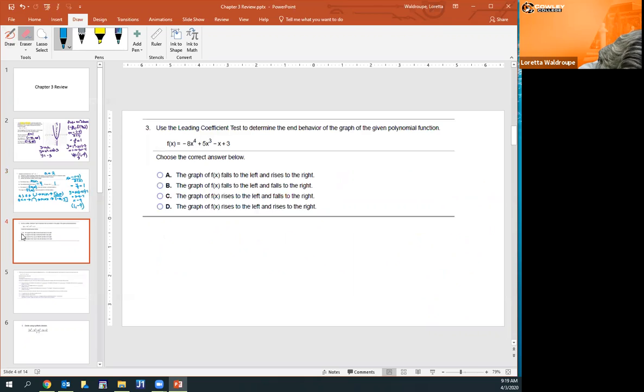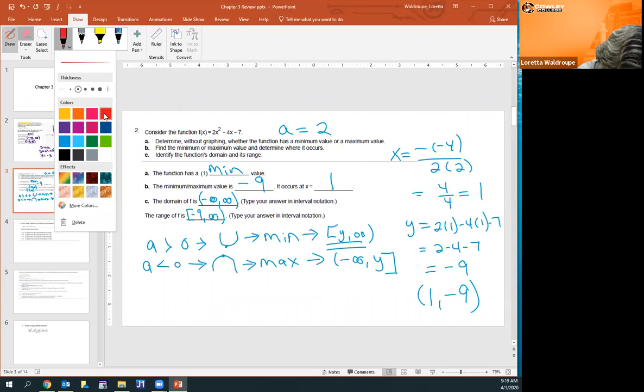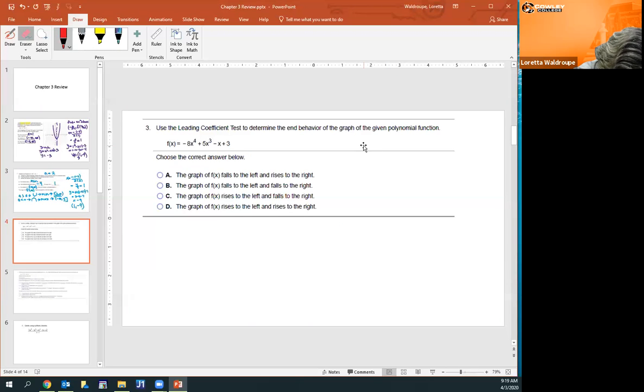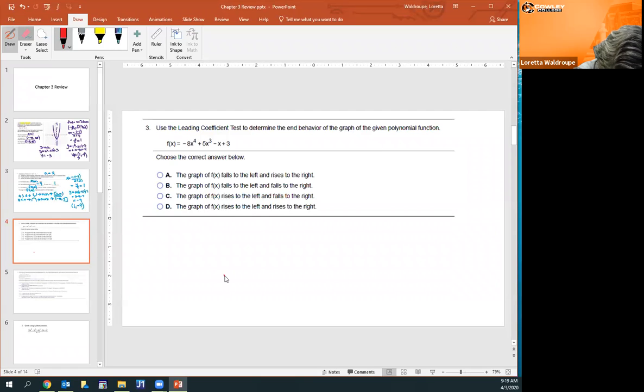Okay, the leading coefficient test: you want to look at the exponent, is it even or is it odd?